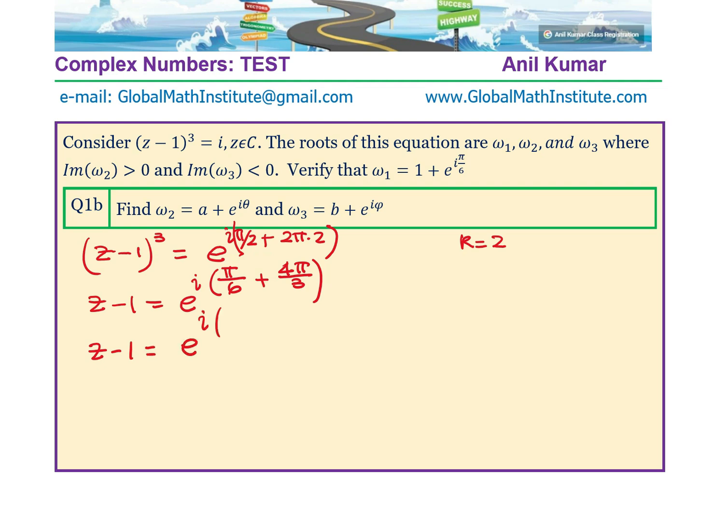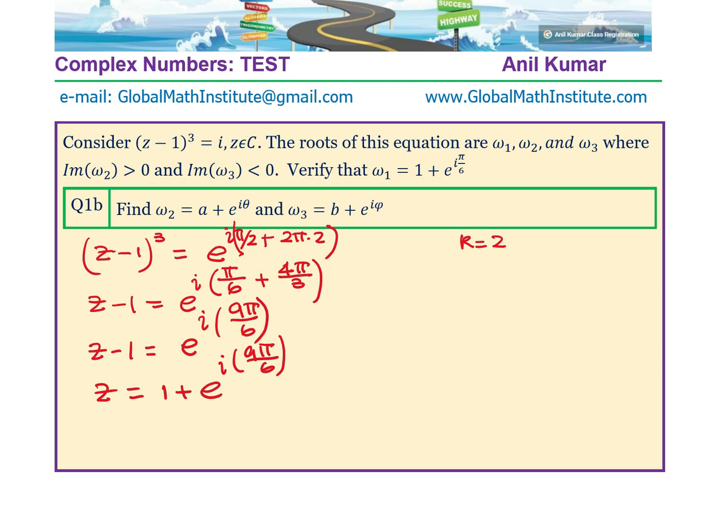Combining these terms, we get 8 plus 1, 9 pi by 6. So z equals 1 plus e to the power of i 9 pi by 6.